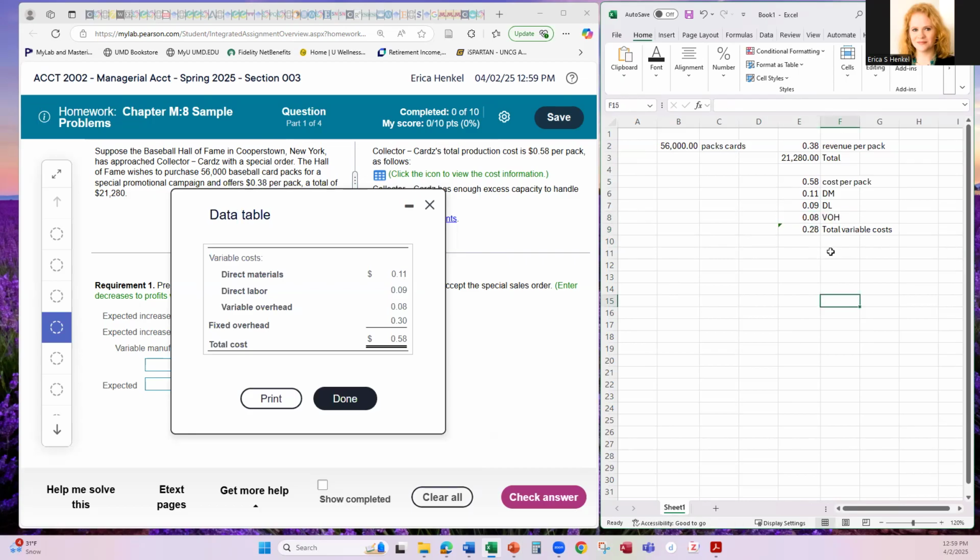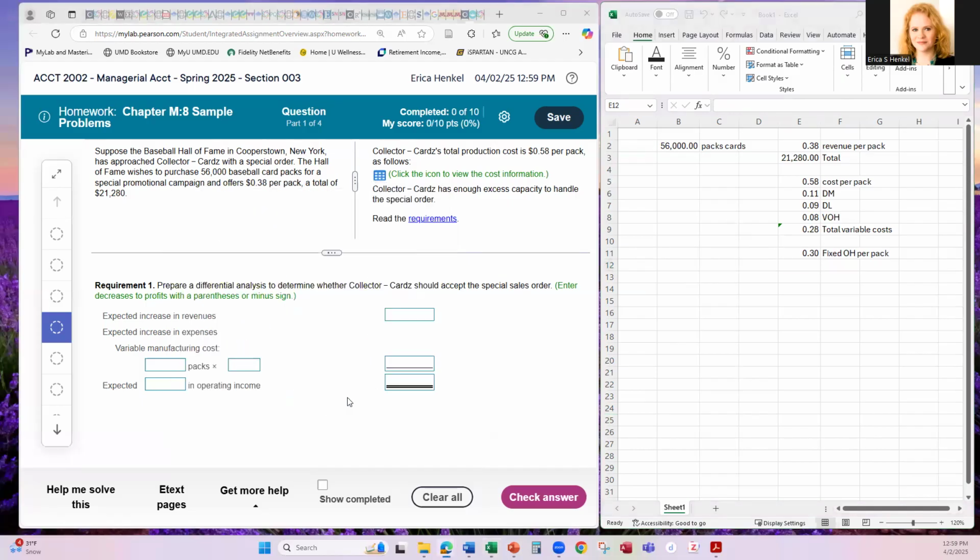And then they have a fixed overhead of 30 cents per pack that they're charging out. Okay, that's something we want to look at though, because which of these costs do we actually care about when we are considering whether we should take this order or not, right?